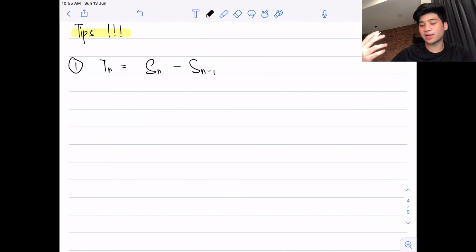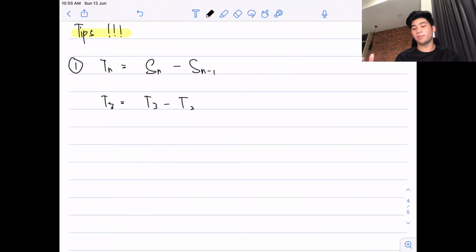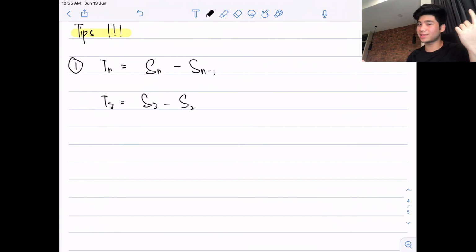So as in, let's say I wanted to find term 3. It's actually the same thing as term 3 minus term 2. Because if you think about it, not term 3 minus term 2, I was actually referring to S3 minus S2. Because it's the same as, let's say 1, 2, 3, so the total is 6.